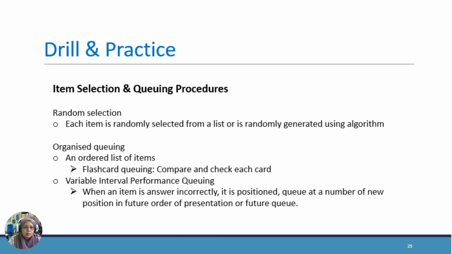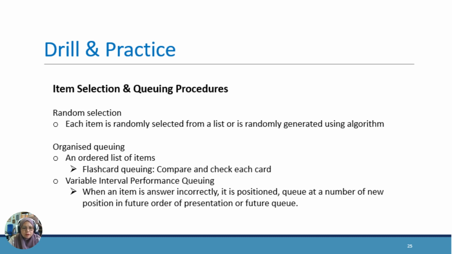Item selection and queuing procedures. Here we have random selection, in which each item is randomly selected from a list or randomly generated using an algorithm. And organized queuing, an ordered list of the items, such as flashcard queuing to compare and check each card, and variable interval performance queuing.